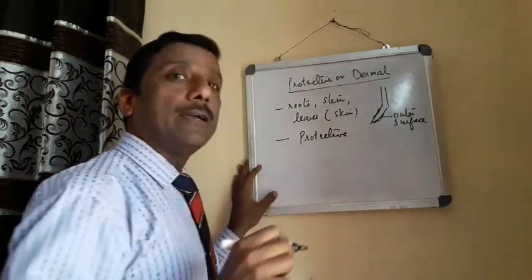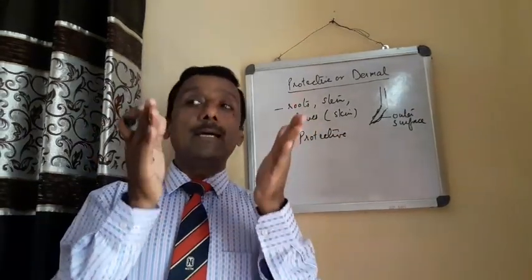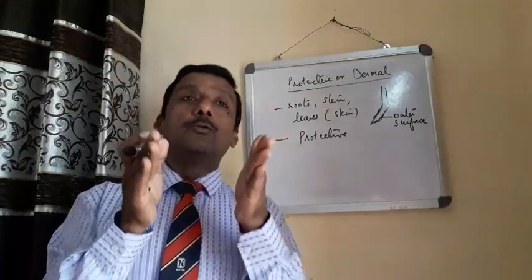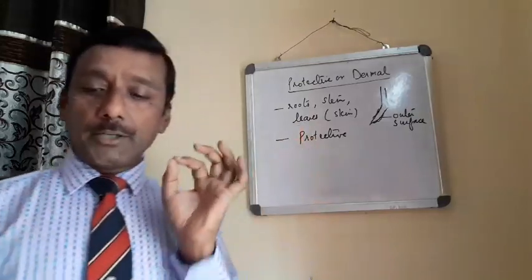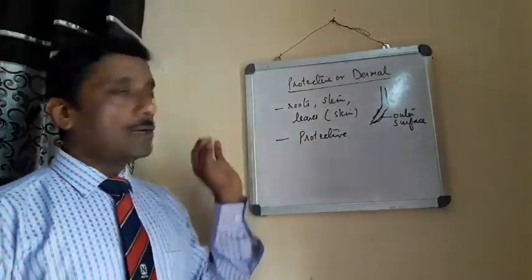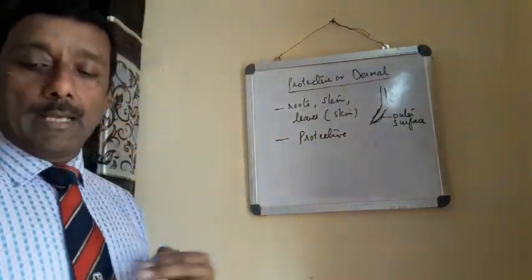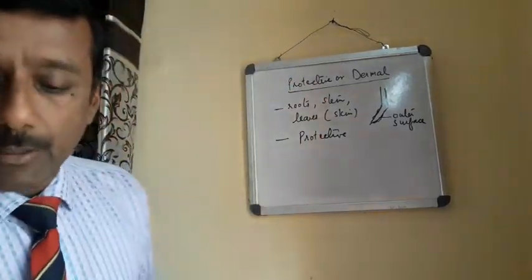They protect the inner part of the plant, the inner layer of the root, stem and leaves. That is the major function of the dermal or protective tissues. Now there are two types. We'll go one by one.